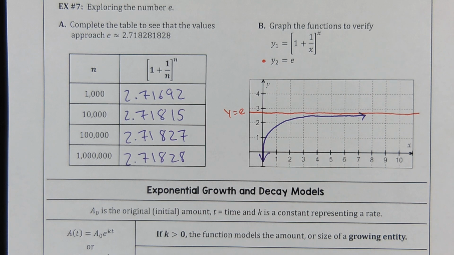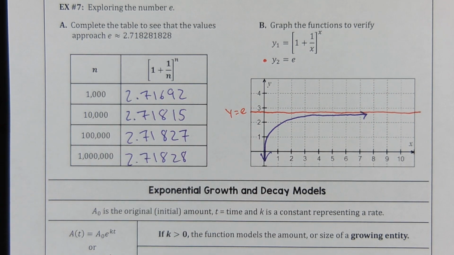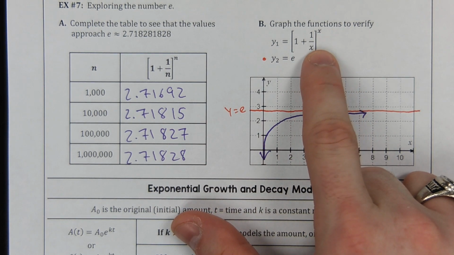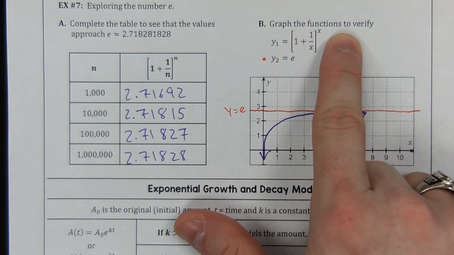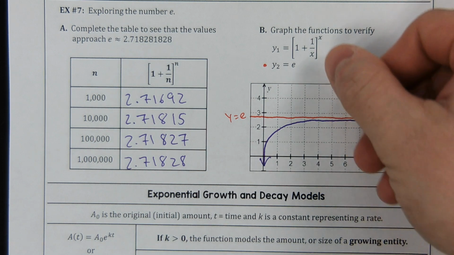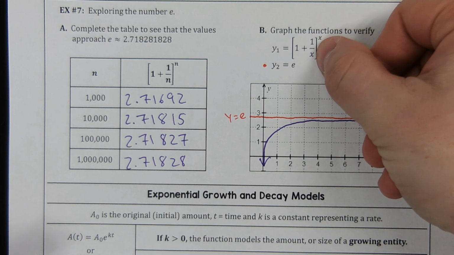Why can't x be negative? It can be, but it's on the other side. Oh, you know why? The exponential base can't be a negative number. If x is a number like negative 0.1, what 1 divided by negative 0.1?